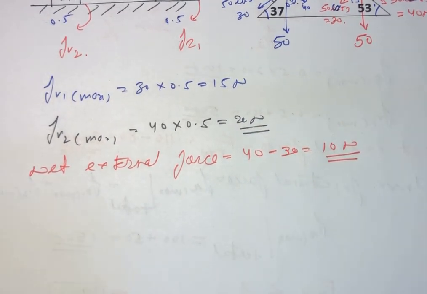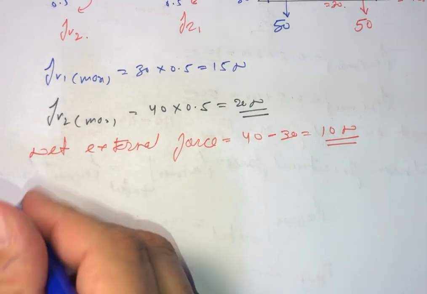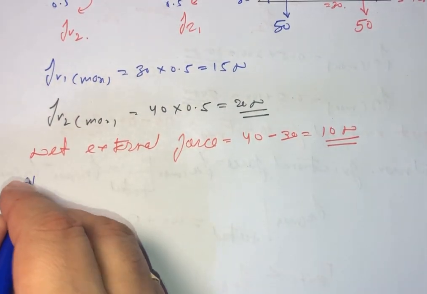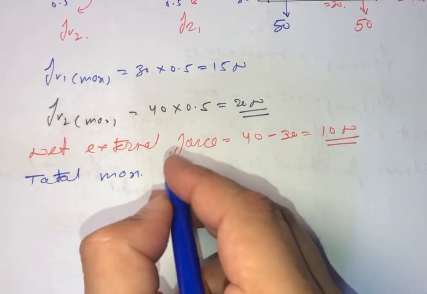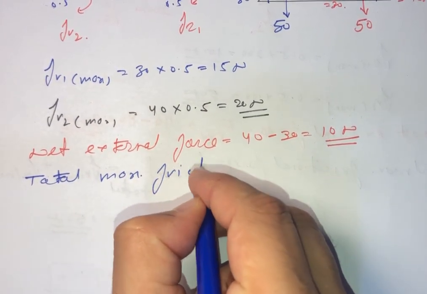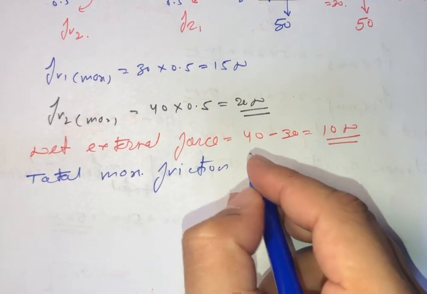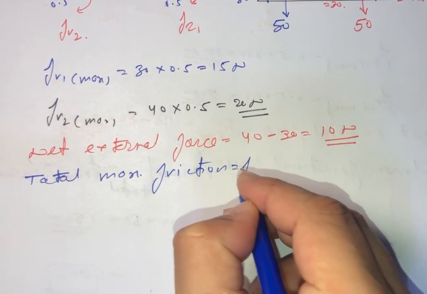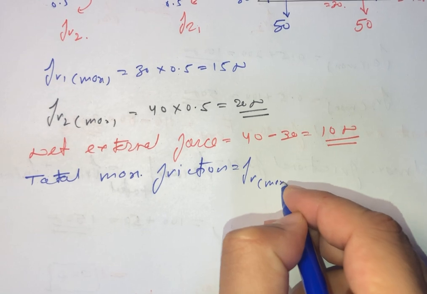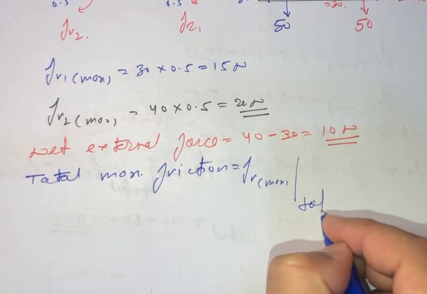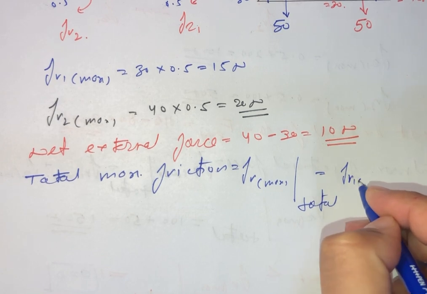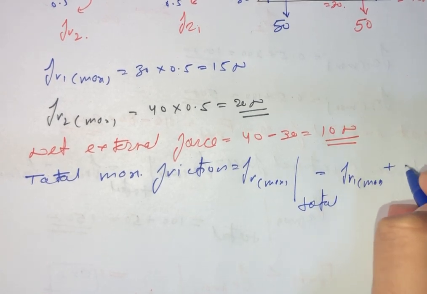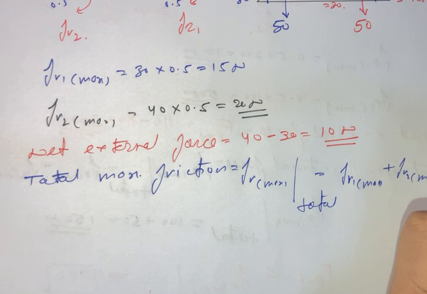and the total maximum frictional force, let us call this FR max total, will be equal to FR1 max plus FR2 max.